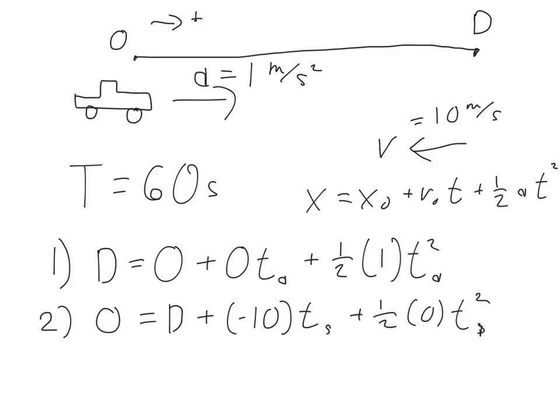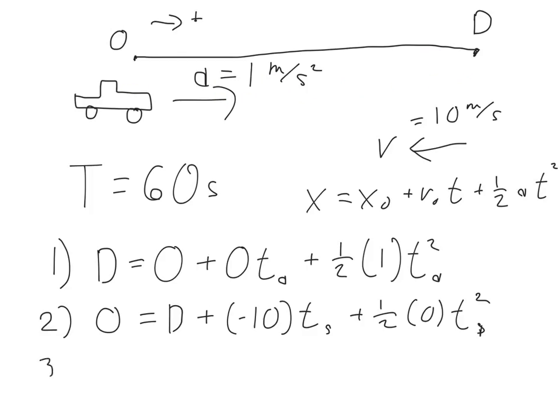Alright, so the equation looks somewhat simple, but we still have an issue. This equation has two unknowns, but they're not the same unknowns as the first one. We don't have enough information yet, but we have one last piece of information. I told you the total time it took the car to accelerate away and then return.